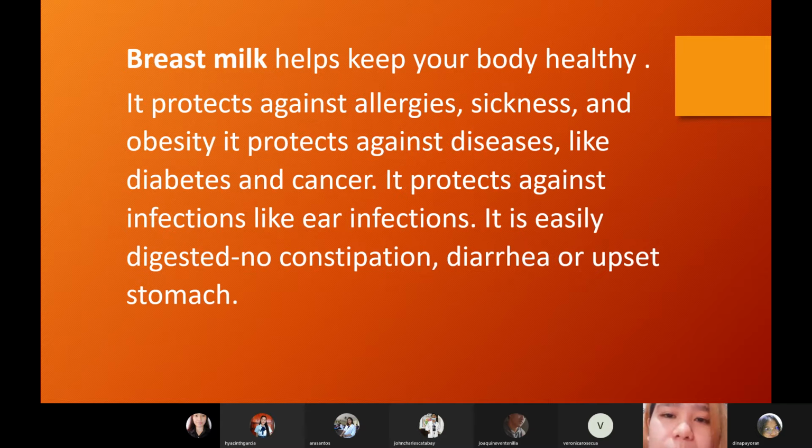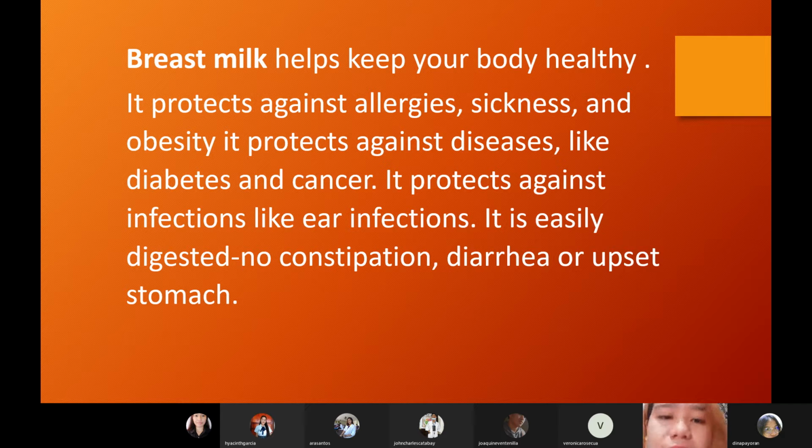Breast milk helps keep your body healthy. The milk from the breast is called breast milk. It protects against allergies, sickness, and obesity. It protects against diseases like diabetes and cancer. It protects against infections like ear infection.